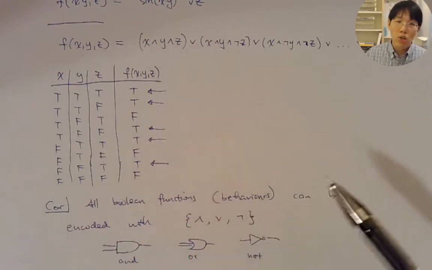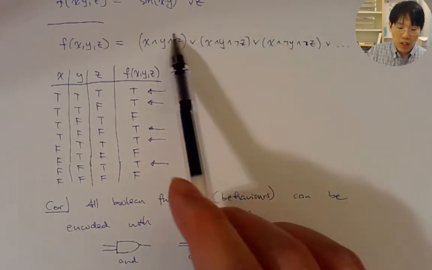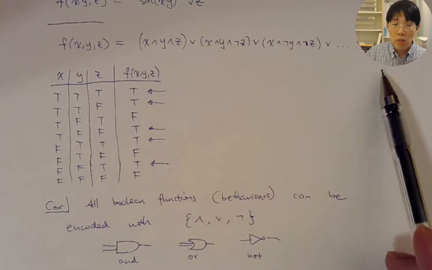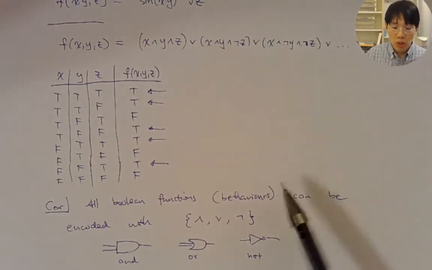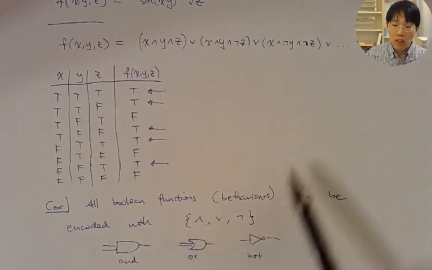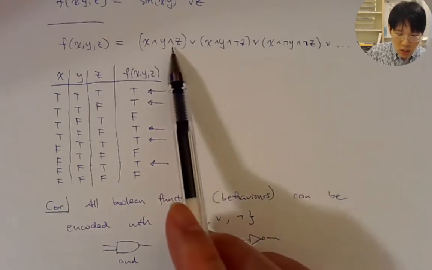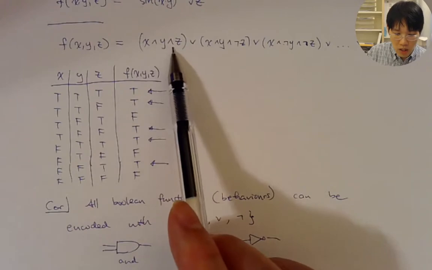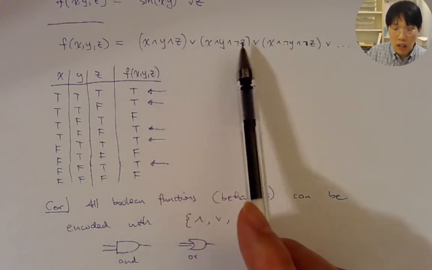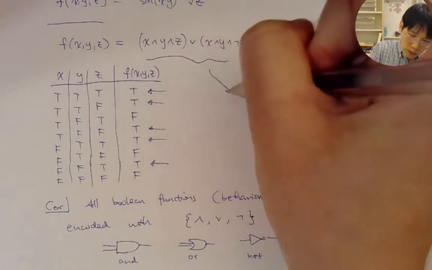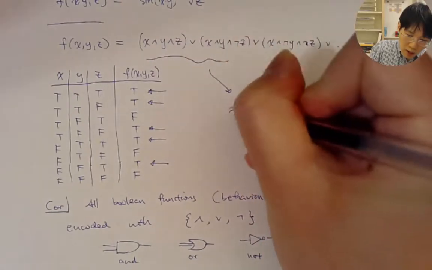And Boolean algebra theory gives us techniques for minimizing the length of this expression by writing it shorter. Again, using AND, or, and not, maybe we don't have to write it all this long. For instance, I can see here, instead of saying x and y and z, or x and y and not z, I could rewrite this part as x and y and be done with it.